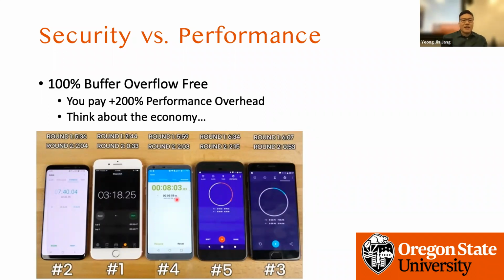The picture that I pasted here is from a YouTube video that benchmarks which cell phone is fastest for booting. And you all know the battle between Samsung and Apple; they want to sell more cell phones, right? After seeing this, Samsung says, oh, 100% buffer overflow free, but your boot time is 3 minutes.